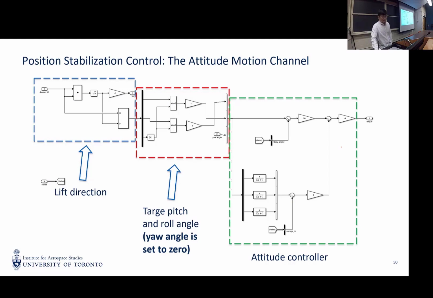Then for the attitude control channel, as I said, because we have a small angle assumption in our case, it's meant for very slow movement of the quadrotor. What we do is follow the same idea, but do it twice.